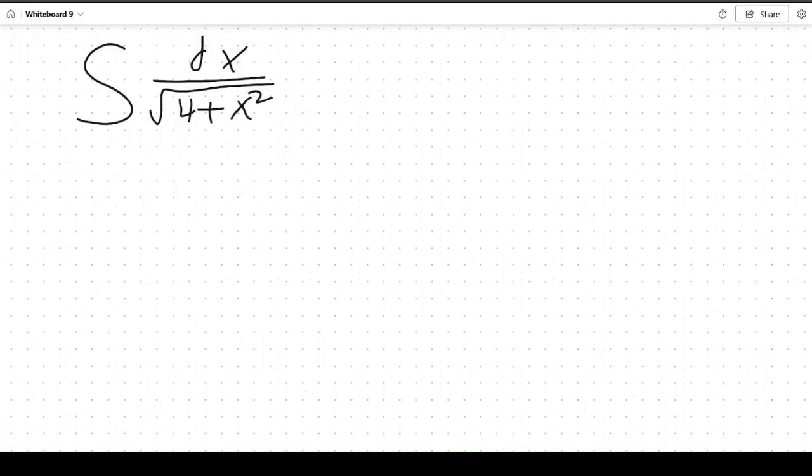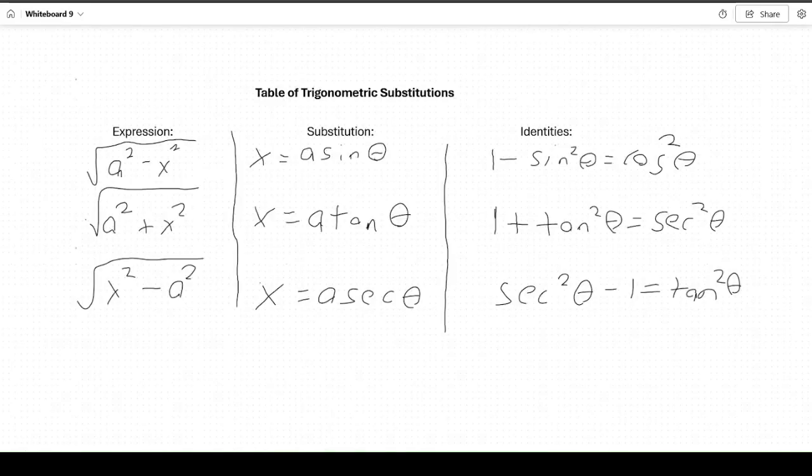Now let's take a look at this example. We have the integral of dx over the square root of 4 plus x squared. From our table, we can see that the form that corresponds with this is a squared plus x squared, and the substitution is going to be x equals a tan theta.